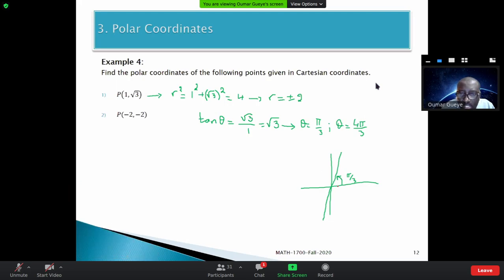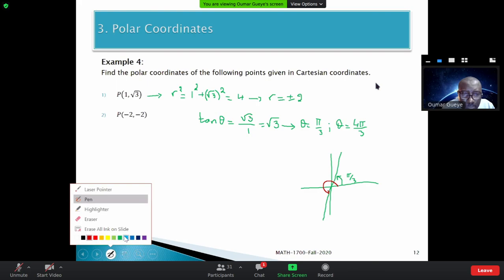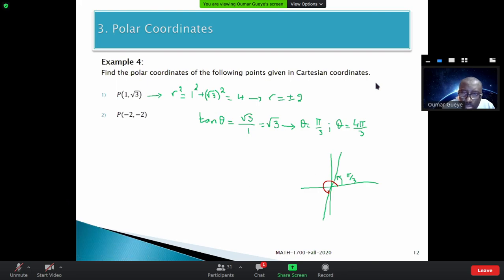If you want to get all this angle, you have to take the green one and add pi. I'm just going to change the color here again. You can see here the blue one is equal to only pi, which is equal to 180 degrees. So if you take the green one plus the blue one, you will get the red angle.